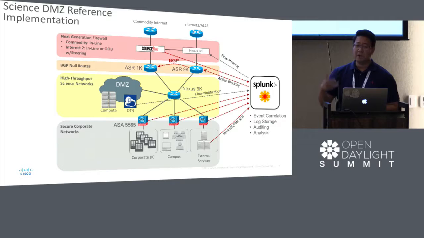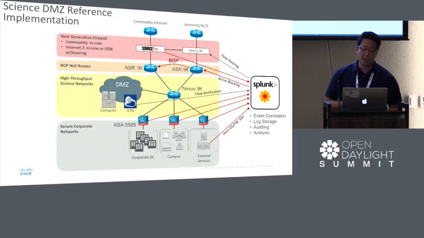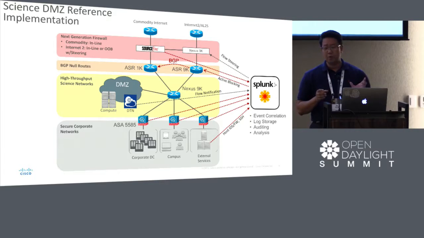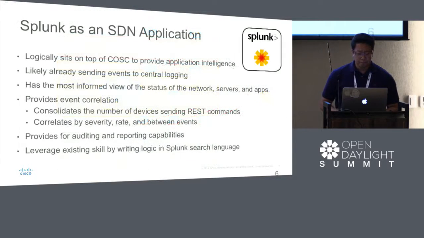Based on our search, we match it, and in this diagram we have a Nexus 9K and a Nexus 3K right below Internet2, and they have the advanced layer 2 service. That's the OpenFlow switch, and from there we program this flow so that the traffic is not going to the Sourcefire, but is going directly out to the internet. So those were the two things that we did.